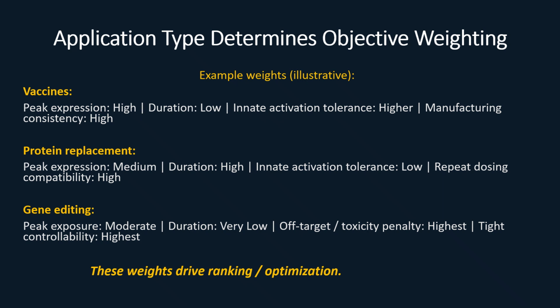Gene editing is the strictest. You need enough editor to cross an activity threshold, but only briefly. So duration control and off-target risk dominate the loss function. Same design variables, completely different weights depending on the application.